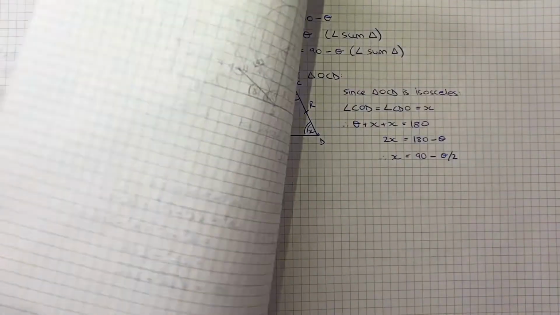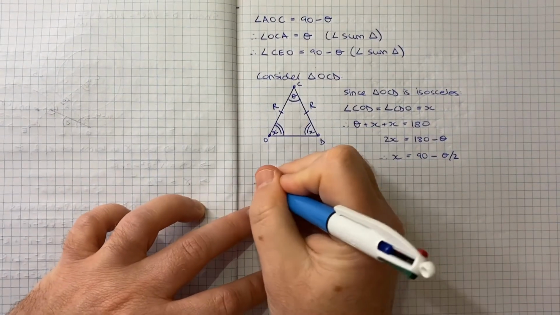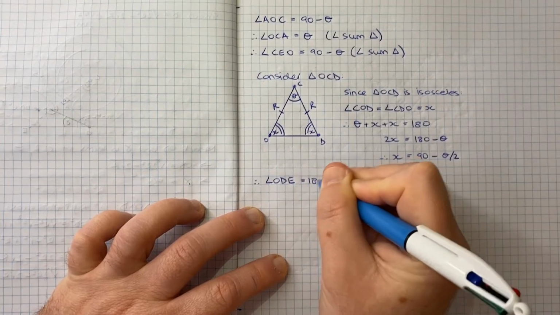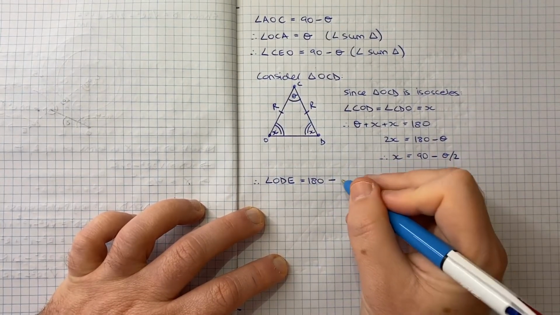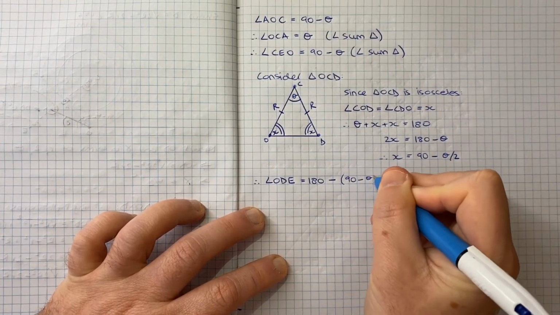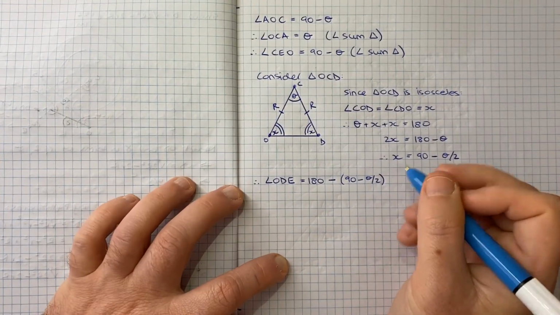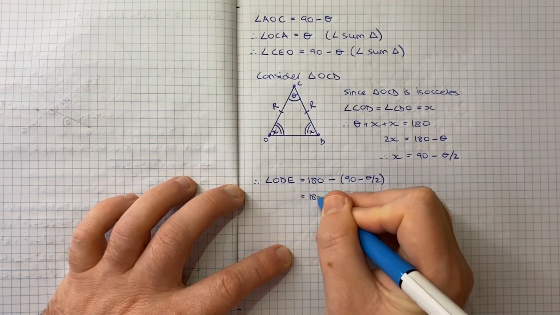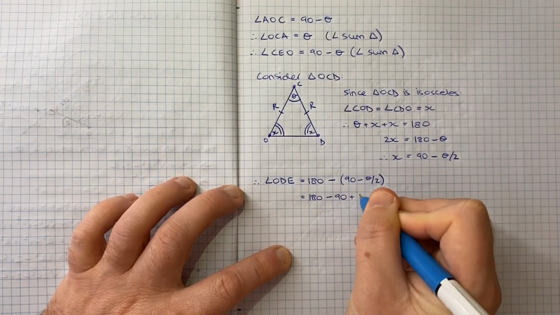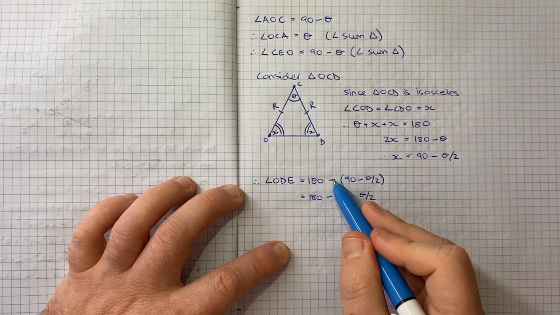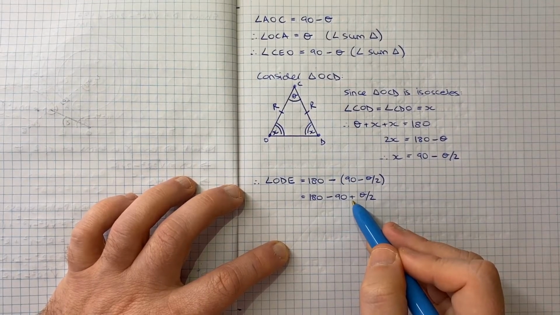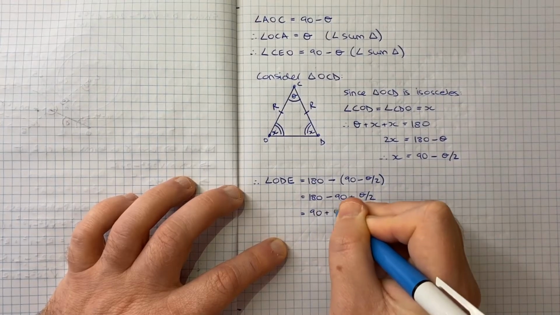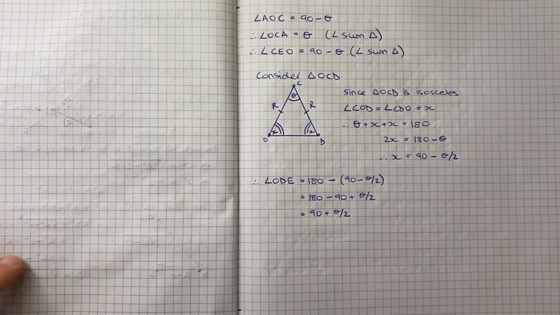So we can say, therefore, angle ODE is equal to 180 minus (90 minus theta on 2). And so that's going to be 180 minus 90 plus theta on 2, because the minus and minus gets us to a plus. So 180 minus 90 is 90, so we're going to get 90 plus theta on 2 for our angle ODE.